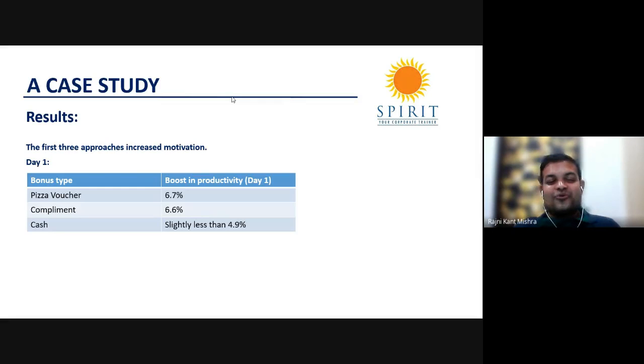And in case of cash, it was slightly less, 4.9%. So cash motivated people, but the boost in productivity achieved through monetary bonus was not as good as pizza voucher or compliment.